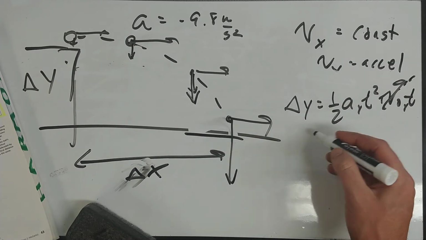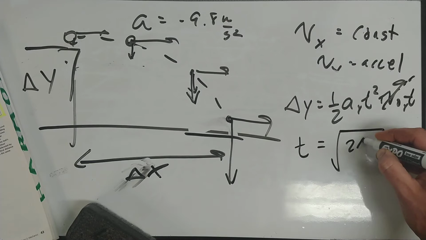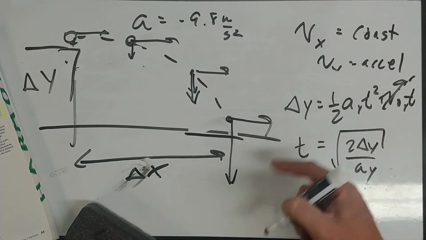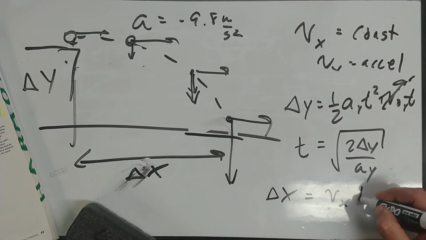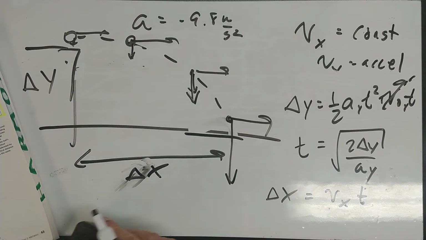So we use the y direction to figure out the time. Usually we say t equals the square root of 2 delta y over ay. We find the time it takes to hit the ground, and then we go over to the x direction and figure out how far it goes. Vx doesn't change. So let's look at an example.